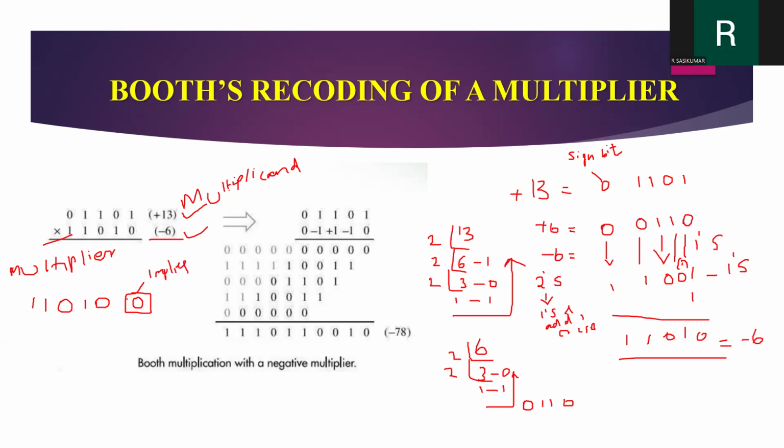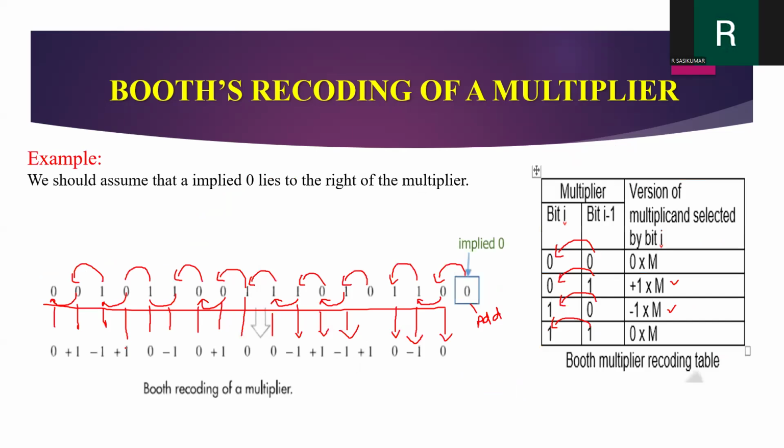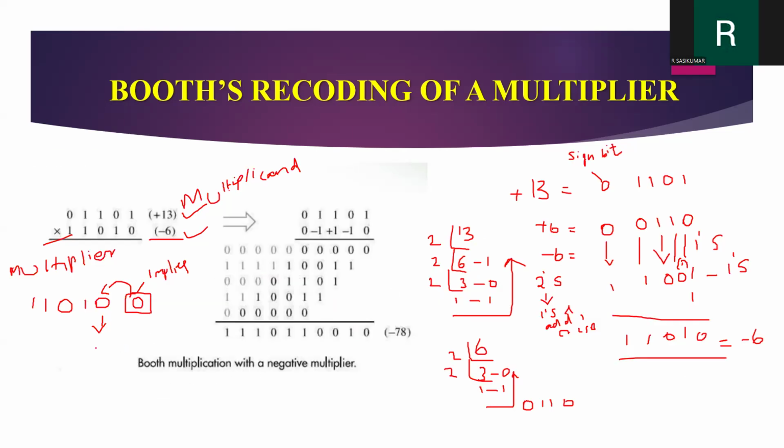Now convert the multiplier with reference to the previous table. A 0 to 0 transition gives 0, and 0 to 1 gives minus 1.